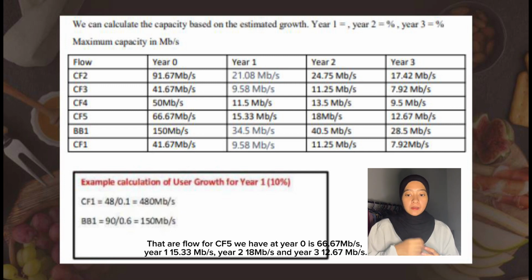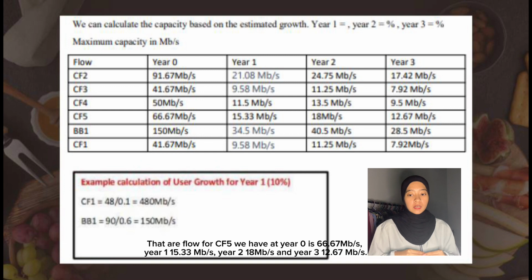And for CF5, 60 and 0.67 MBS, and this is the decrease in MBS. For BB1, also 150 MBS, decreasing to 34.5 MBS, then 40.5 MBS, and lastly 28.5 MBS.